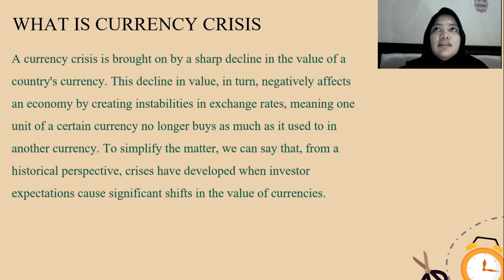The second one is, unlike currency devaluation as part of a trade-off, a currency crisis is not purposeful, and it has to be avoided. And the last one is, certain central banks and governments can intervene to help stabilize a currency by selling off reserves of foreign currency or gold, or by intervening in the forex market.